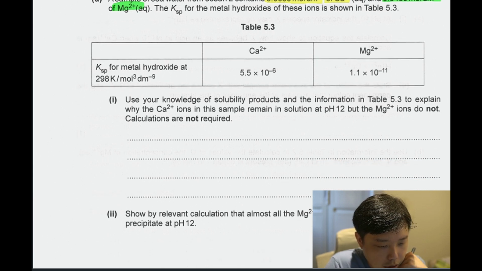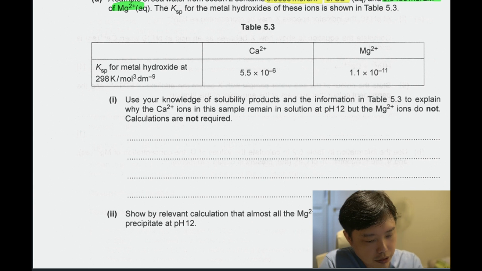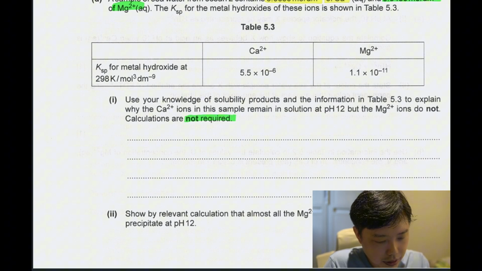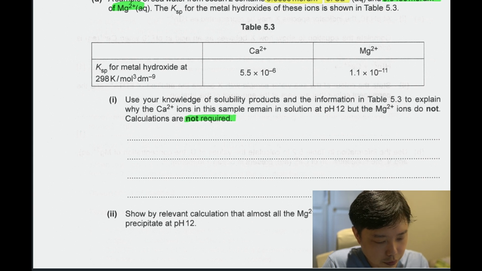Use your knowledge of KSP and the information in this table 5.3 to explain why calcium 2 plus remains in solution at pH 12 but magnesium does not. Calculations are not required. A lot of times, when students come to solubility, they will try to do the calculation to prove something, but here they say calculation not required.